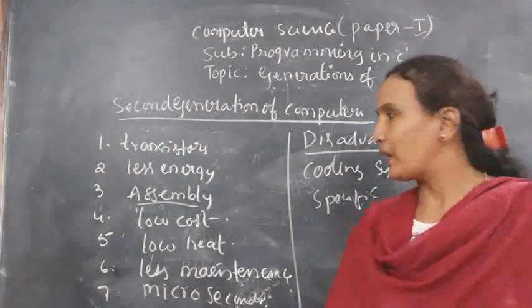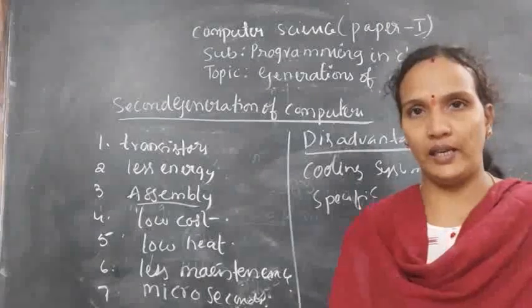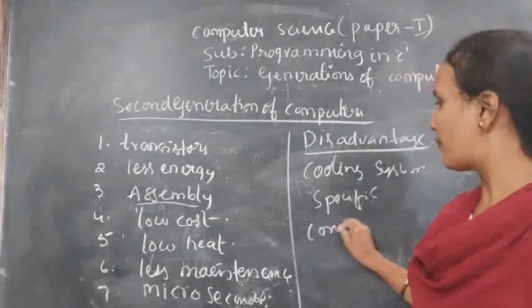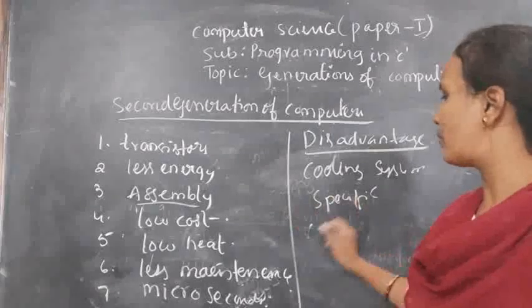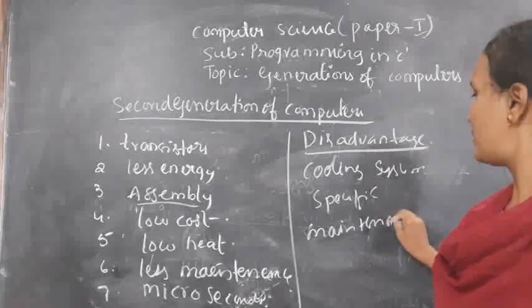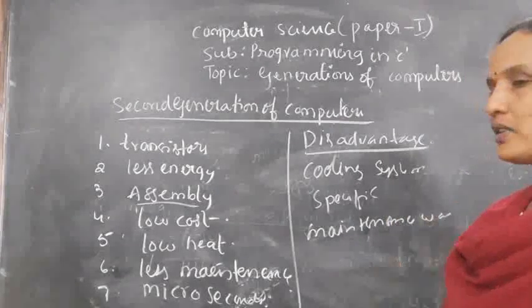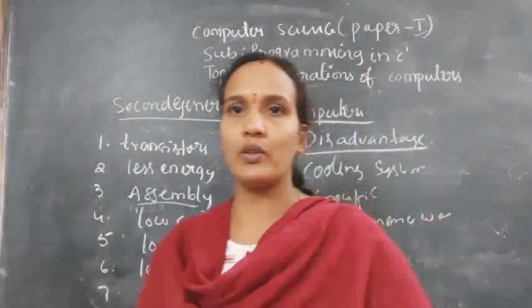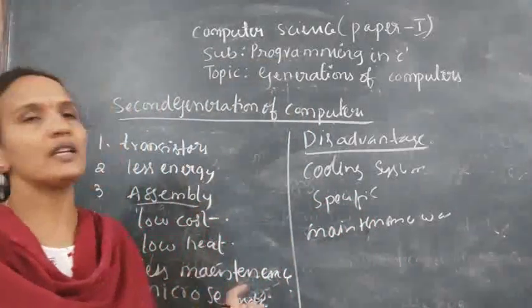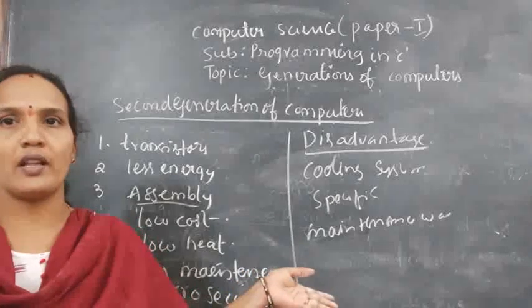Also, if any transistor fails, it has to be repaired, so maintenance was required. And storage is also less compared to the third and fourth generation computers, but later we'll discuss that. So these are the advantages and disadvantages of the computer.